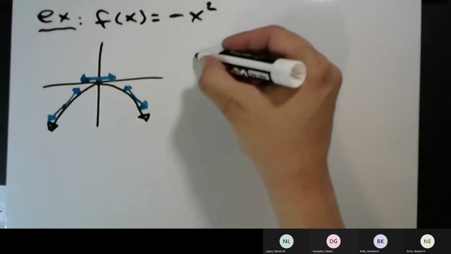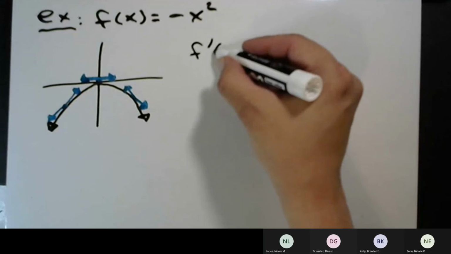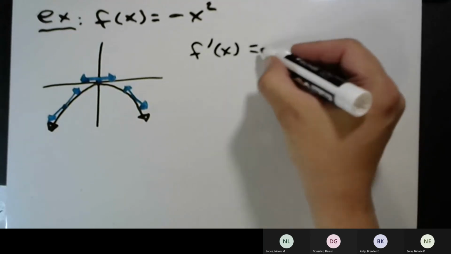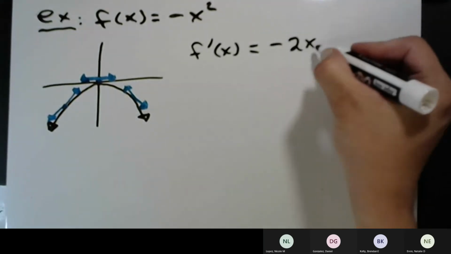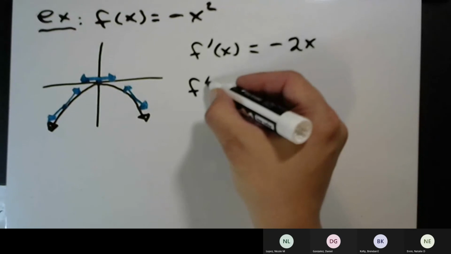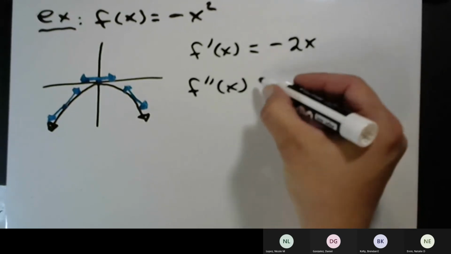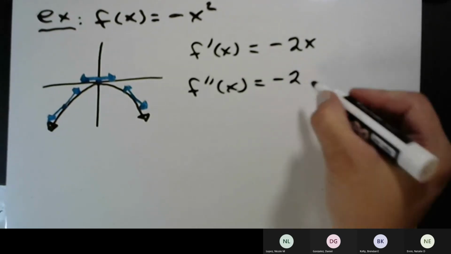And if we take the derivative, we get negative 2x. Take it again, we get negative 2.